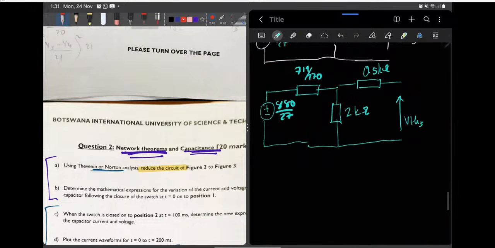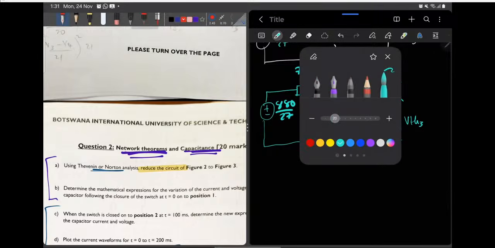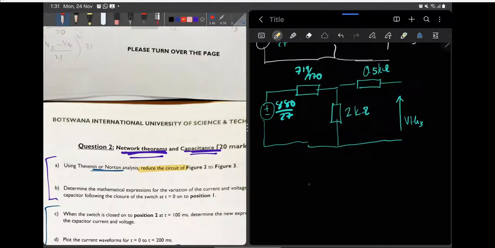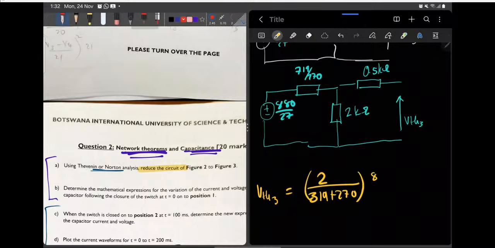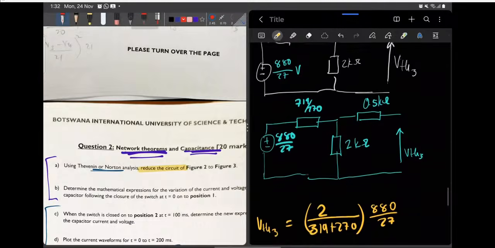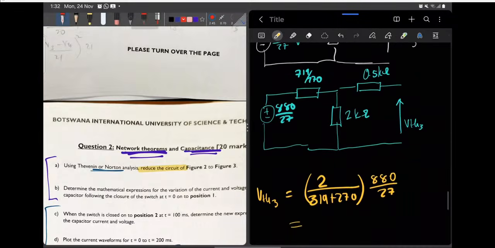So now let's do the rest. V Thevenin the third is going to be 2 over, sorry, I didn't add nicely. It's 2 over 2 plus, is it 719 over 270?